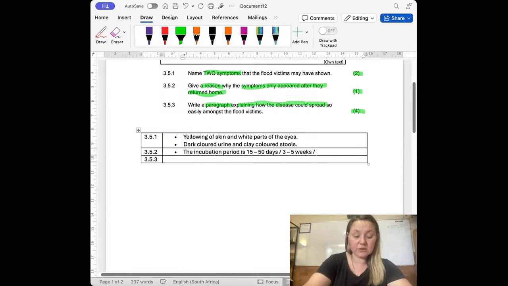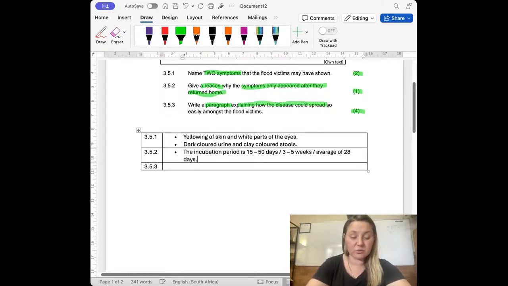Or we know from our notes, it is an average of 28 days. You do not have to mention all of them. You only have to mention one of them. Just know that you, as consumers, have to know the days and the weeks. So you need to know that 15 days is actually seen as 3 weeks. Okay. And then the average 28 days.